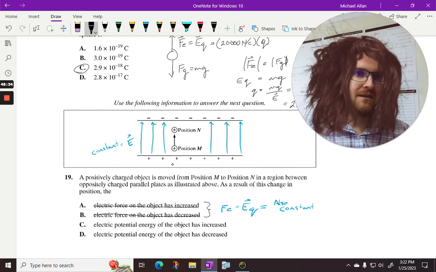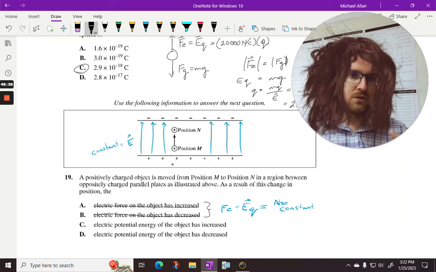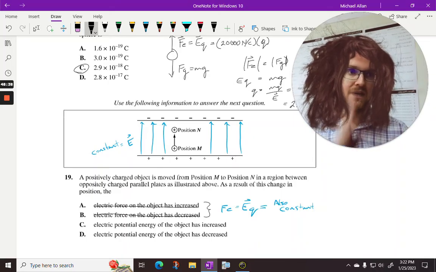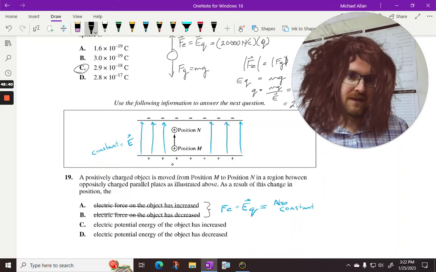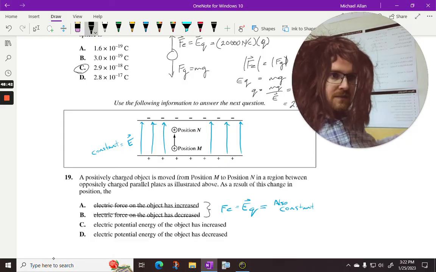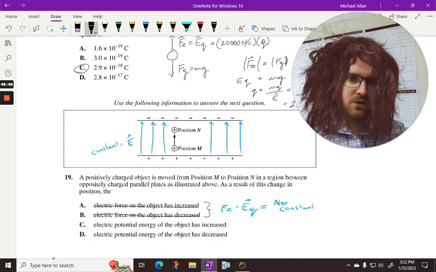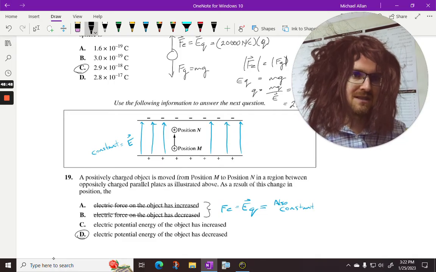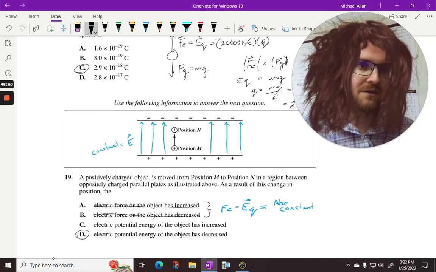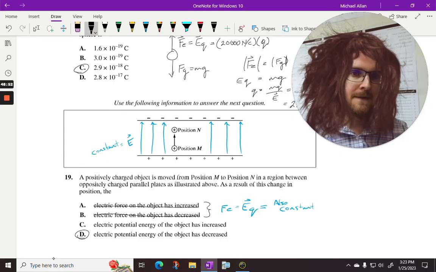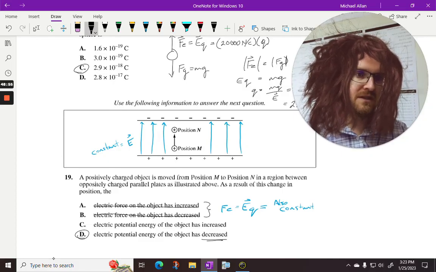It's going to gain kinetic energy, but lose potential at the same time. So gain kinetic, lose potential. That's that work energy theorem from the little chart back there. So I'm going to lose my potential energy because it's going to speed up, accelerating towards the negative charge here. So it's going to decrease since EK increases.